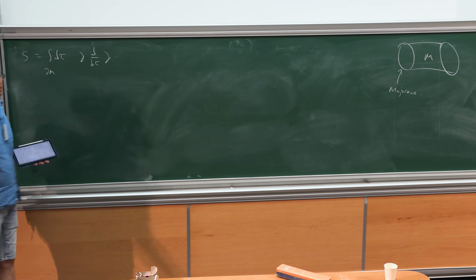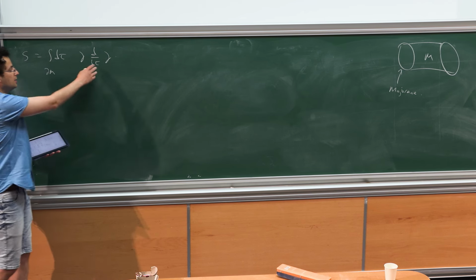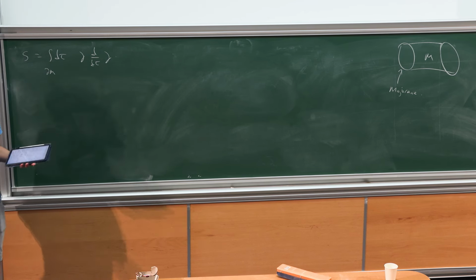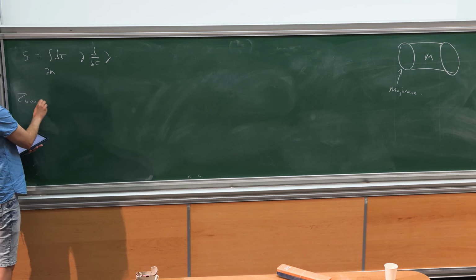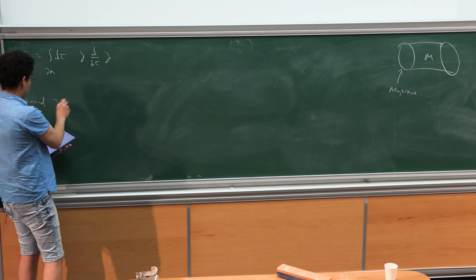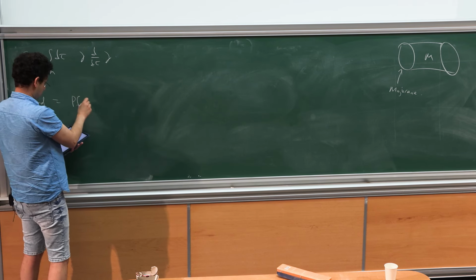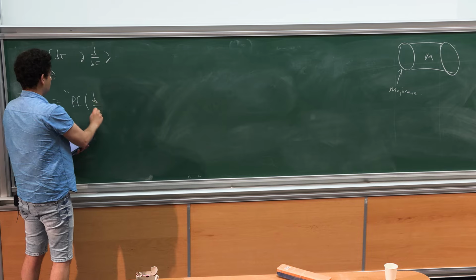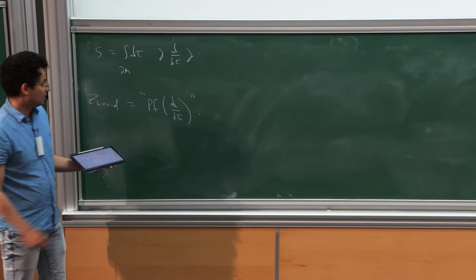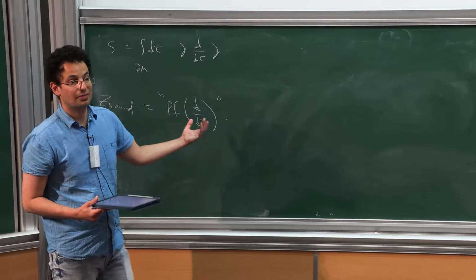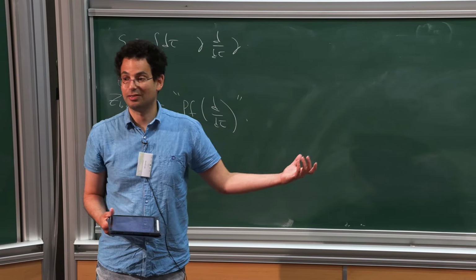So what's the partition function of this single Majorana? Well, d/dt is an antisymmetric operator, so by the same procedure, this should be the Pfaffian of this d/dt operator. But now there is no way to fix the sign of this Pfaffian, right?